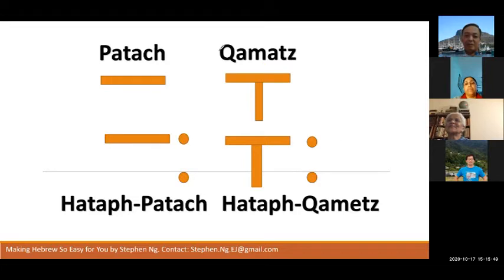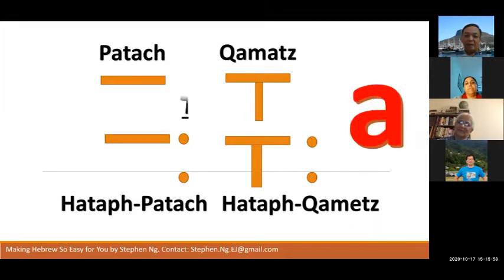So this is all the A category of the vowel pointings. Now, let's say for example this consonant. Can anyone tell me what is this consonant? Vav. Now vav with a patah at the bottom. Patah is a short A vowel.